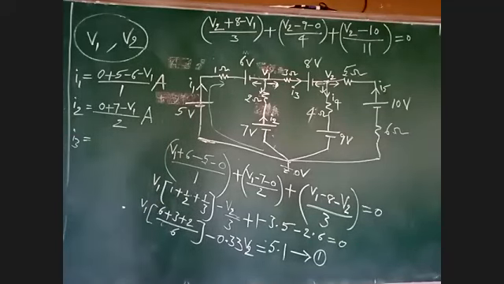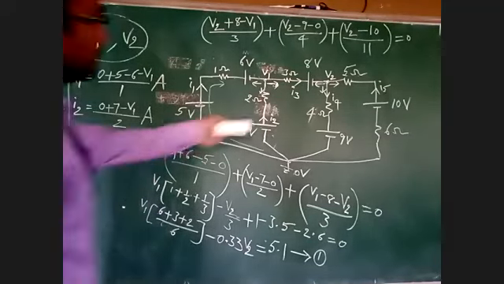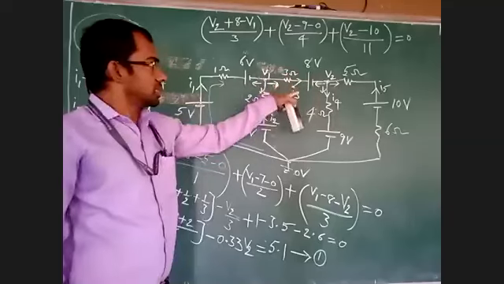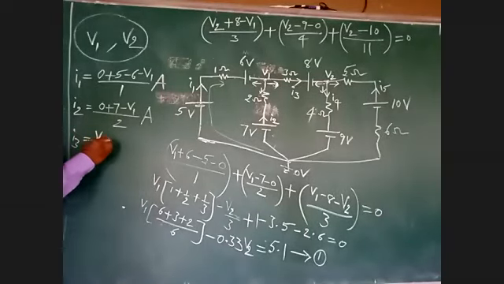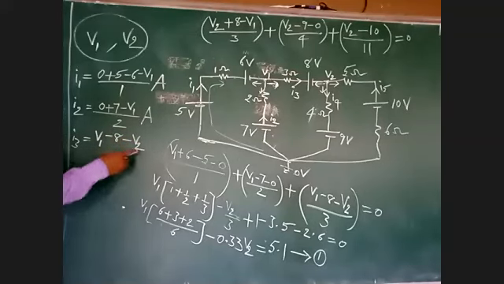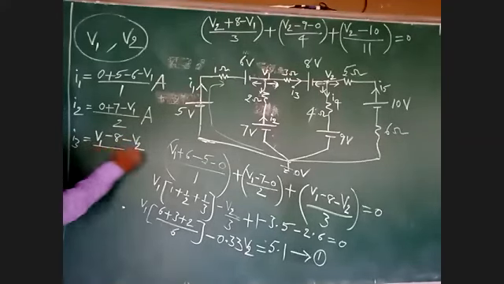It is flowing from V1 to V2. V1 is at higher potential, V1 minus 8 minus V2, which is at lower potential, divided by 3. This is your I3.